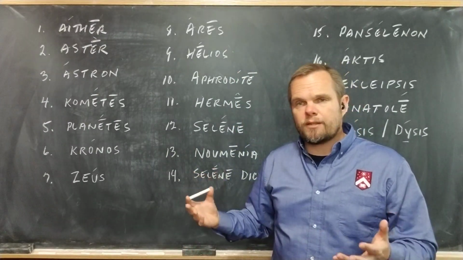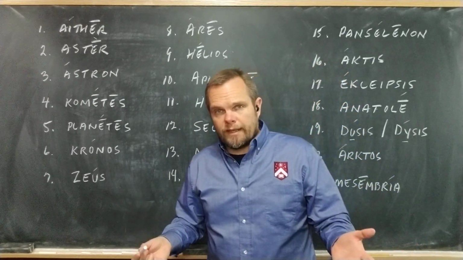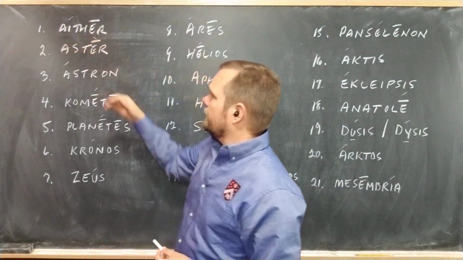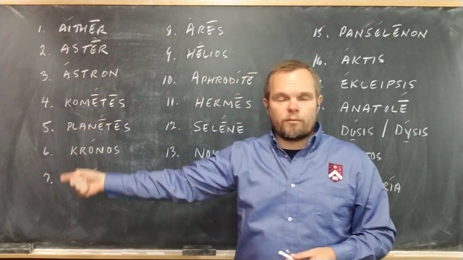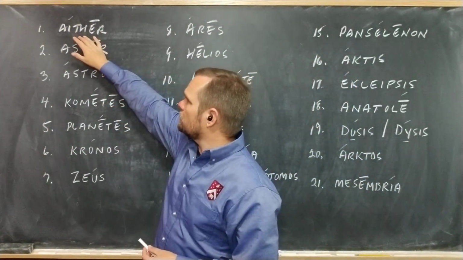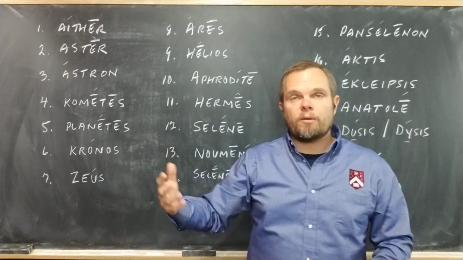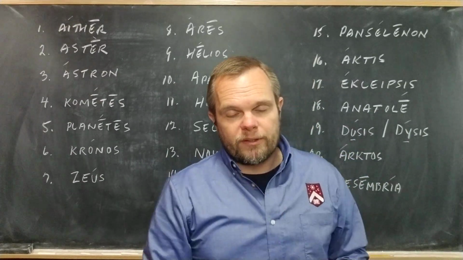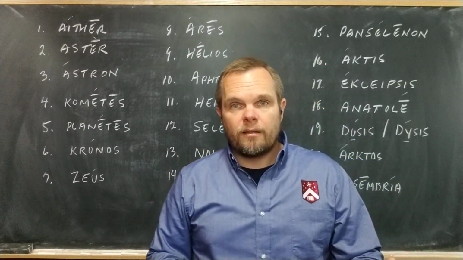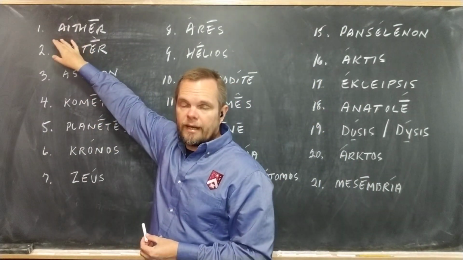So we have a much better understanding of the sound of classical Greek than we might of classical Latin. But when we look at a word like this, aether, and then we see that word was taken right into Latin, we know that when the Romans brought it into their language, they brought it in as a spoken word. And so it was aether. And when we look at the spelling of the Latin word, we see the diphthong, ae, must have been pronounced like the Greek I. Okay, aether.